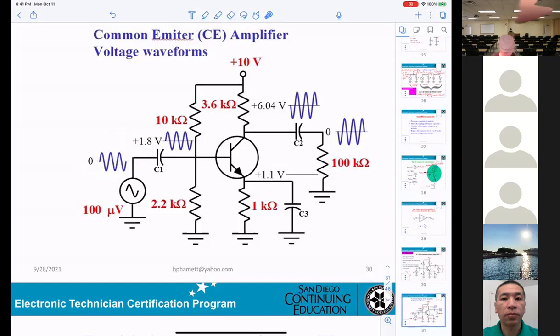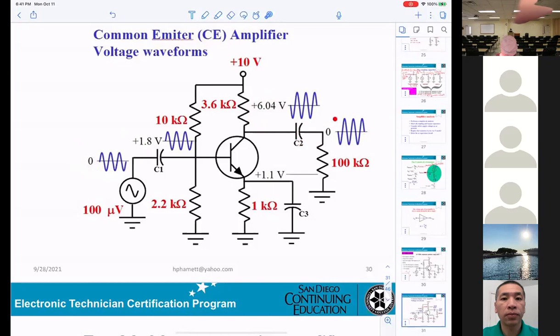Output here, now you can see at the output you get 0 volt DC, and this is your signal. The reason you get 0 volt DC is that C2 blocks the 6.04 volt.